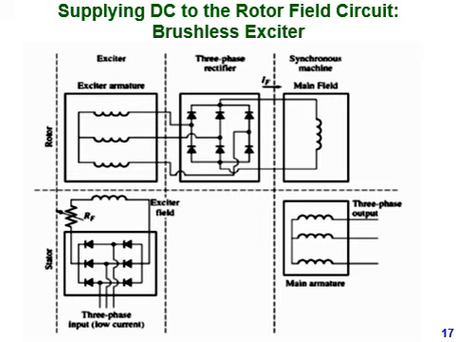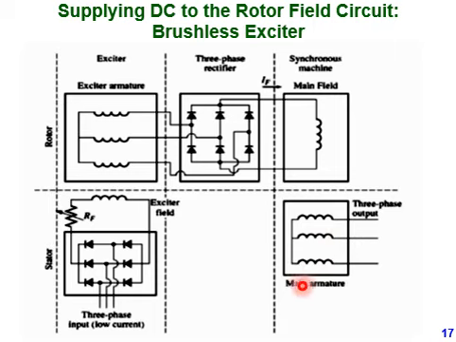If we see the stator part of the circuit, there would be a three-phase low current input, and then it would be rectified. There would be a main armature with three-phase outputs.